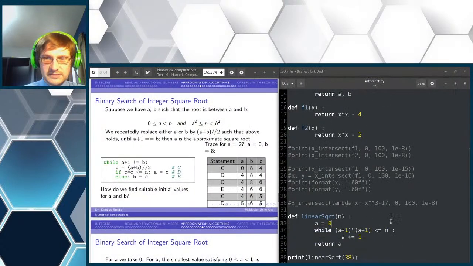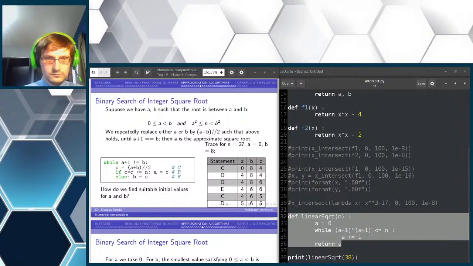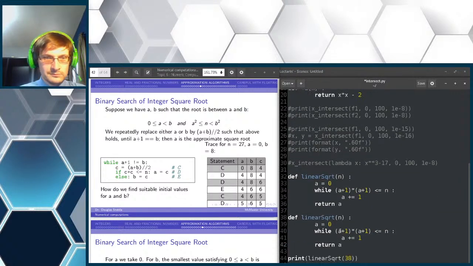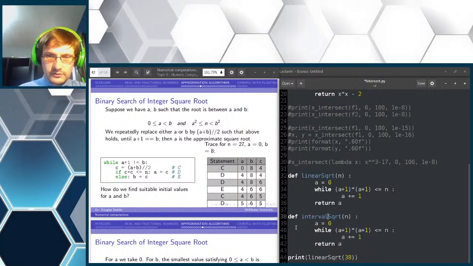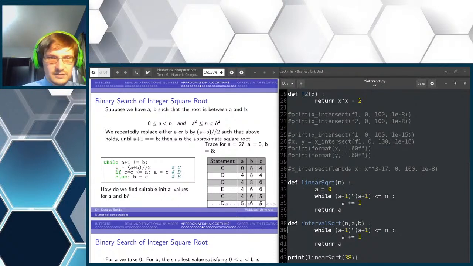So, let's do this. Interval square root. If we take an A and we take a B as well, while A plus 1 is not equal to B, C is equal to A plus B divided by 2.